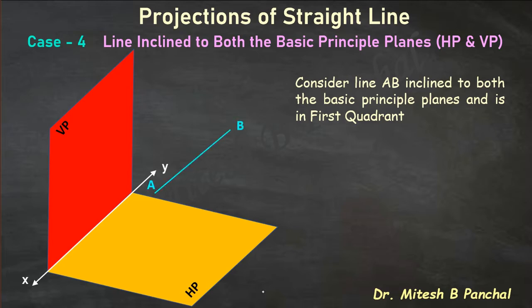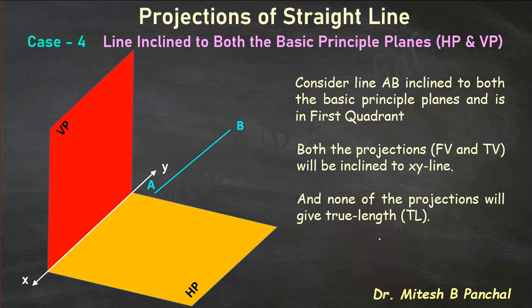So as you can see that here line AB is inclined with both the basic principal planes. So the projections of line AB, both the projections, front view and top view, will be inclined to XY, and none of the projections will give you true length.